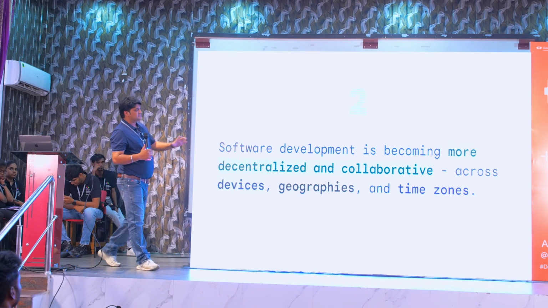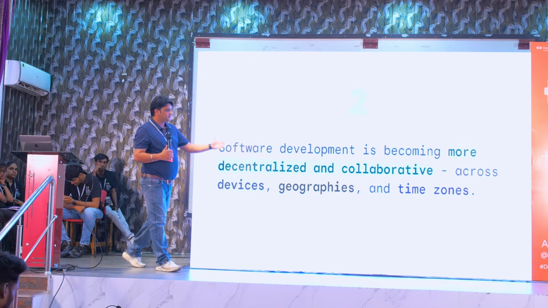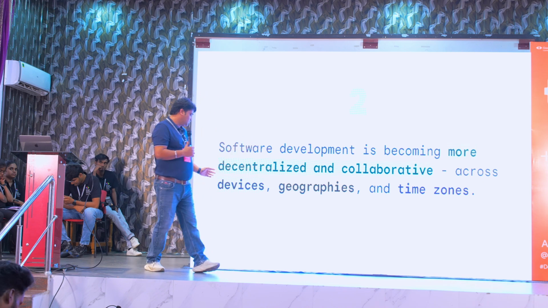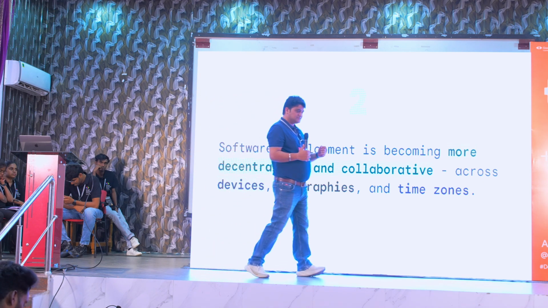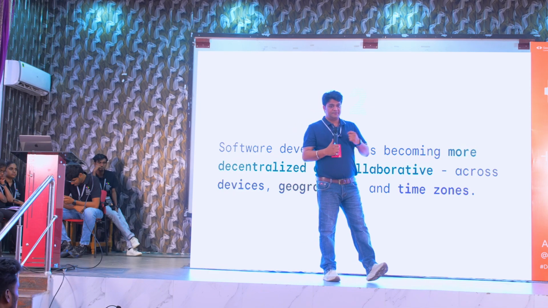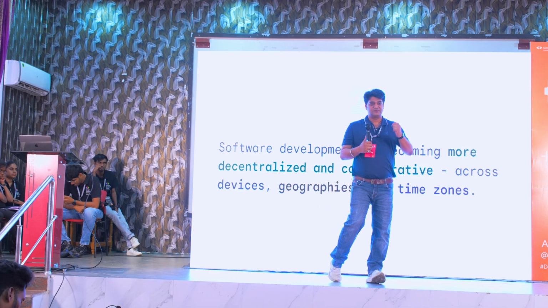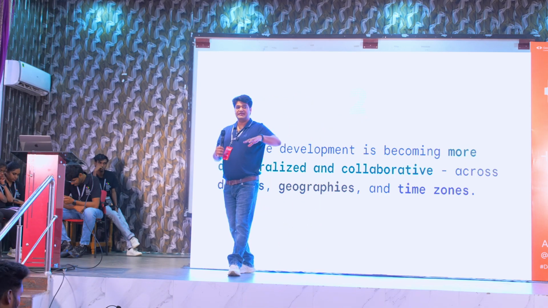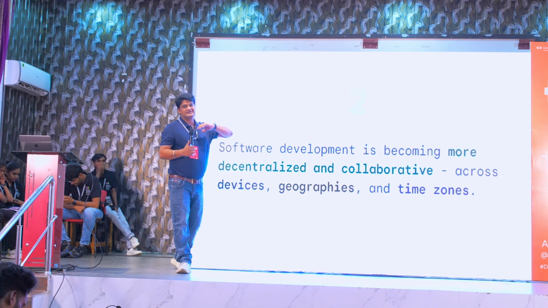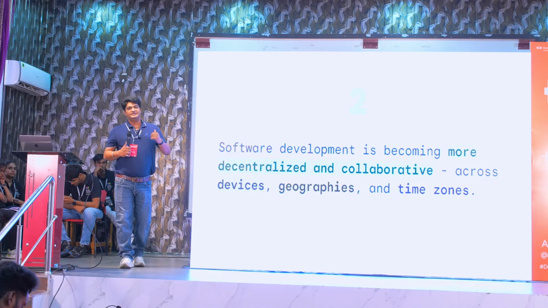So this is the second pinpoint. If you see there, software development is becoming more decentralized and collaborative. Decentralized means whatever software you are developing, or whatever code is being written, is not written only in one location or one country. It can be from anywhere. Any developer, any DevOps, any SREs can check out or check in code, and they can release their code.